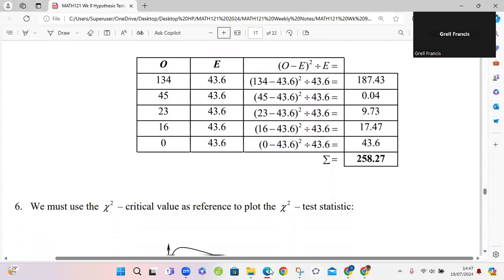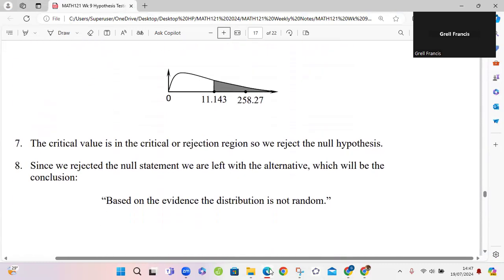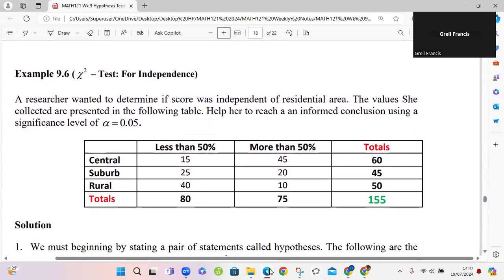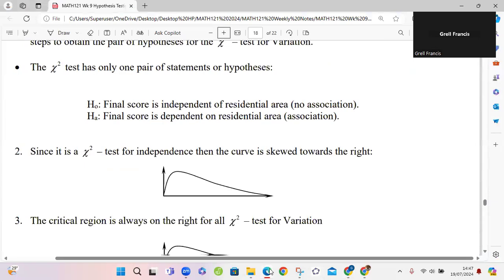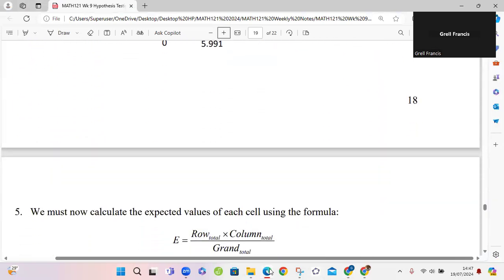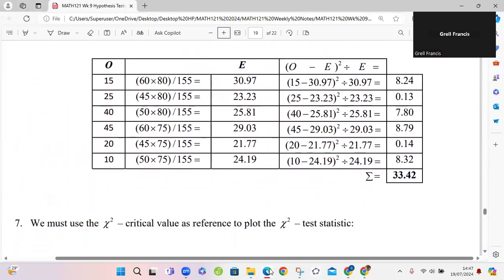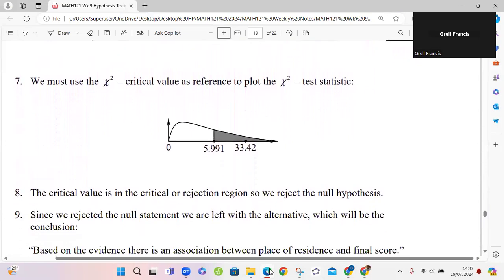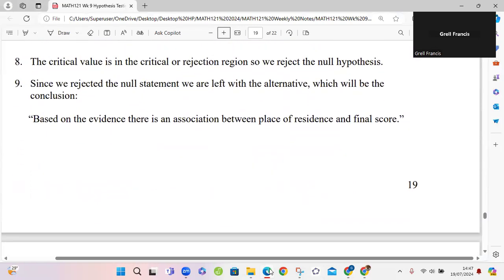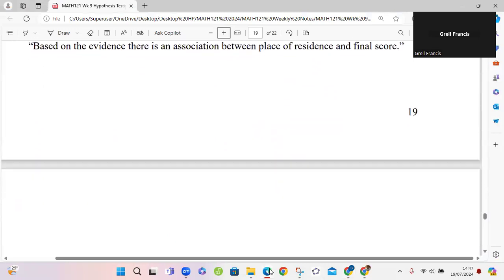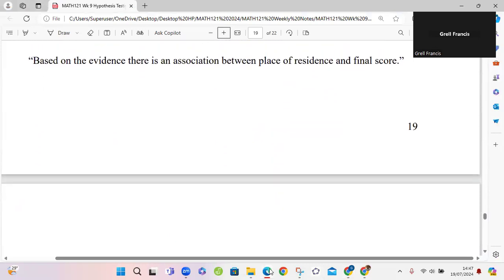And example number 9.6, chi-square test for independence or chi-square test for no association. So you've got to go through these examples in order to make sure that you can perform a chi-square test for either randomness, variation, goodness of fit, or independence using the critical value.